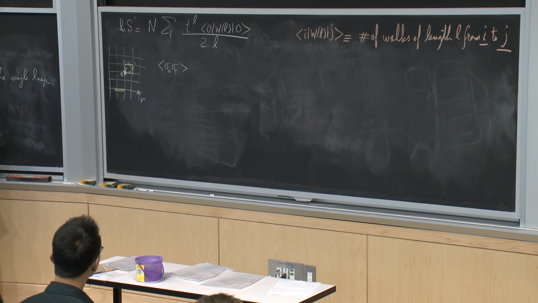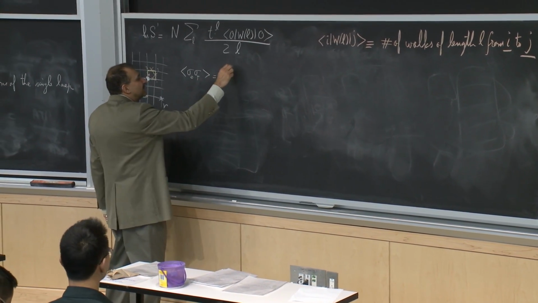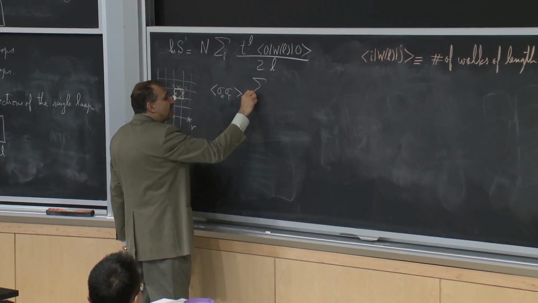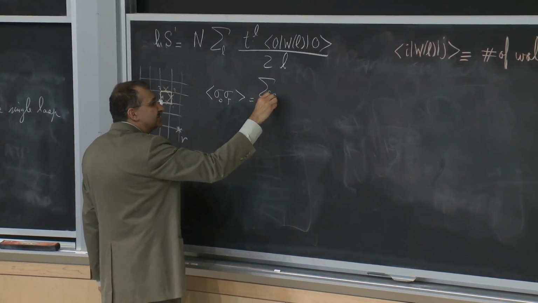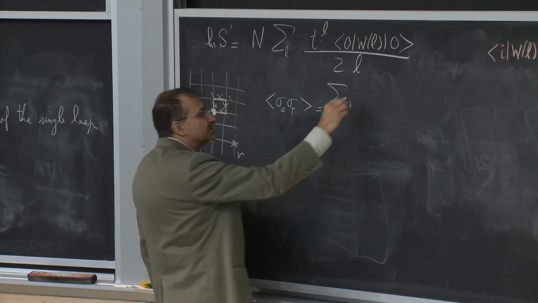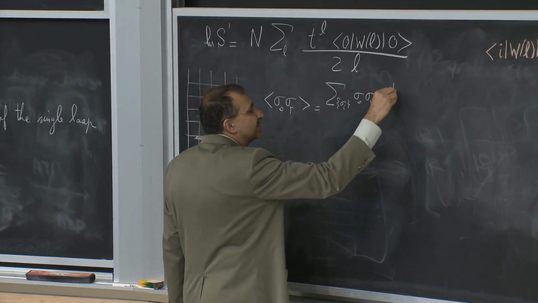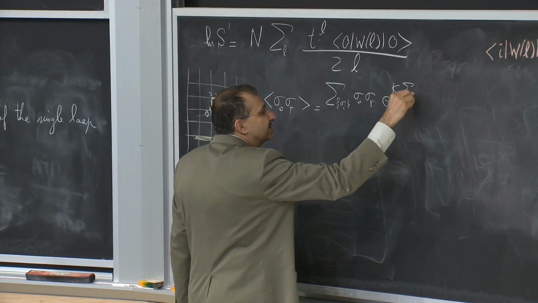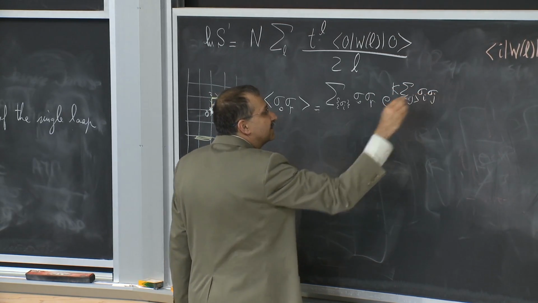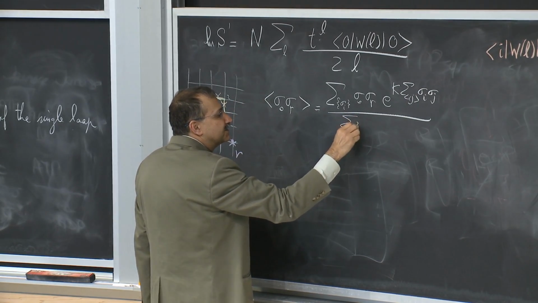Okay? So how do I have to do that for the Ising model? I have to essentially sum over all configurations with an additional factor of sigma 0, sigma r of this weight e to the k sum over ij, sigma i, sigma j, appropriately normalized, of course, by the partition function.